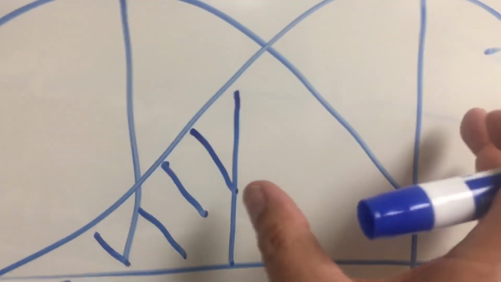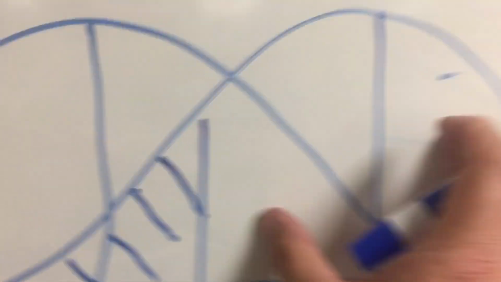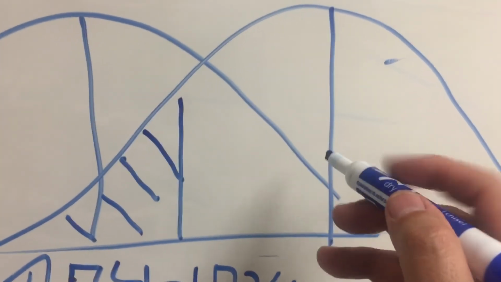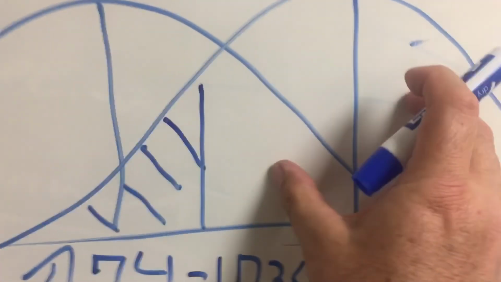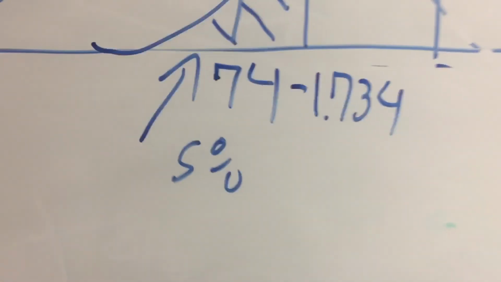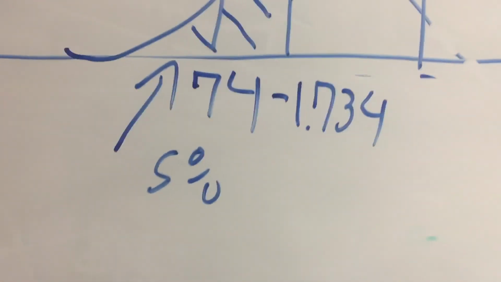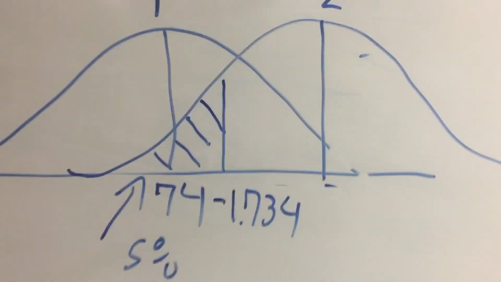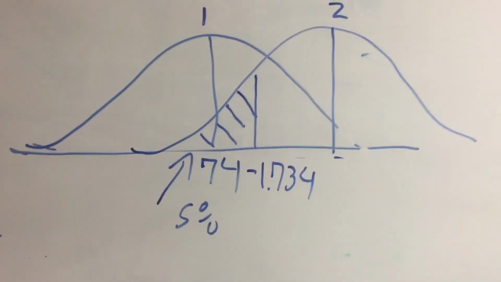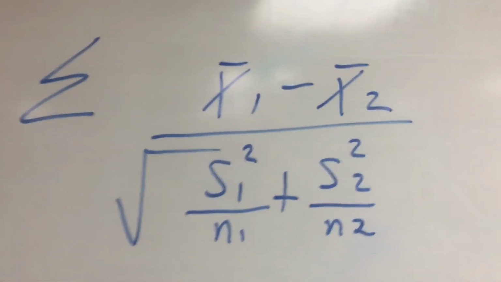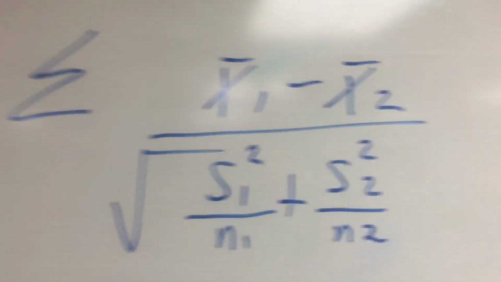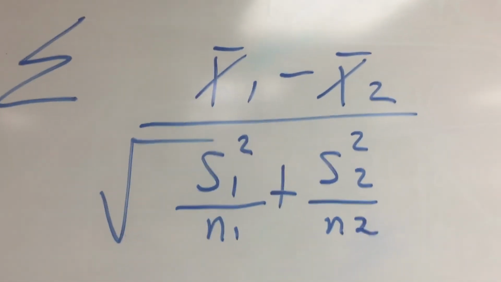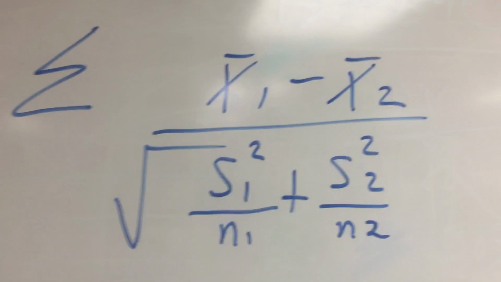The rest of this distribution over here is going to have 95% of the total distribution in this area. So let's go ahead and get started, and I will explain how we can test this hypothesis using this particular formula. I will try to clear this up in the next video.